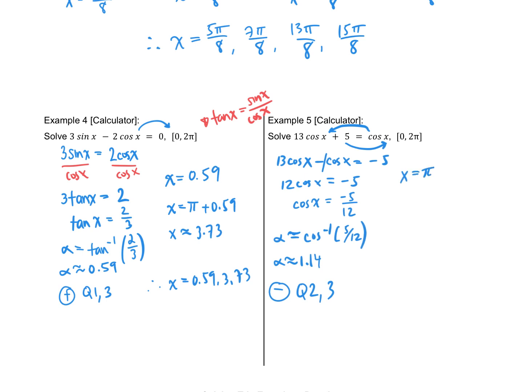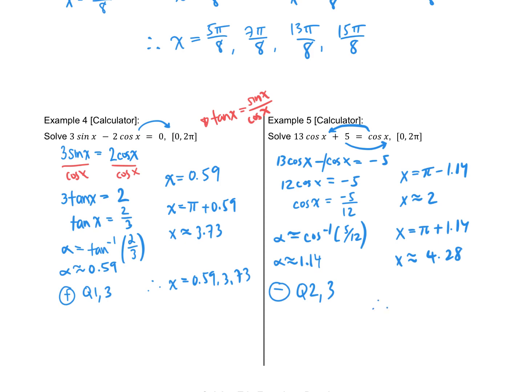In quadrant 2, it's going to be pi minus 1.14, which gives us approximately 2. And in quadrant 3, it's going to be pi plus 1.14, which is going to give us approximately 4.28.